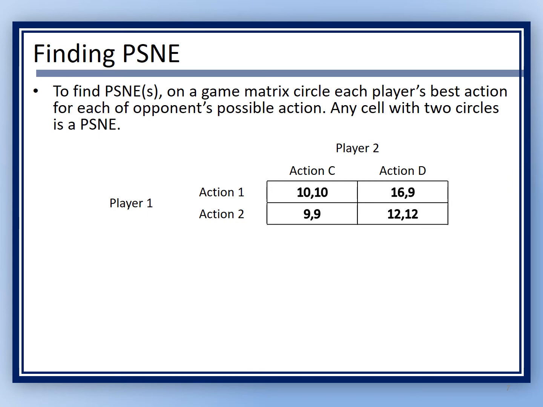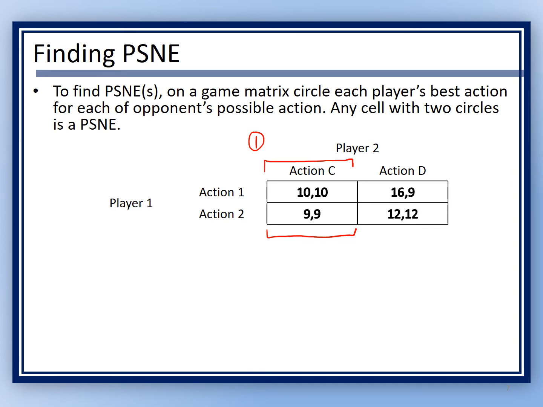To ask that question, we start by assuming that player 2 has already chosen action C. We don't actually know that's the case. We just assume that to be the case and ask what player 1 wants to do.